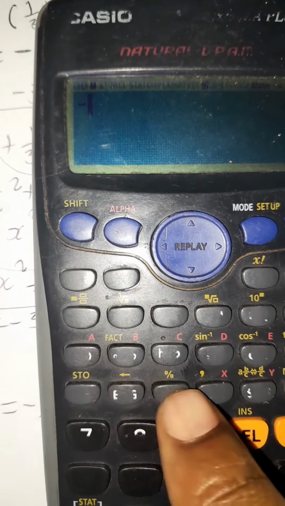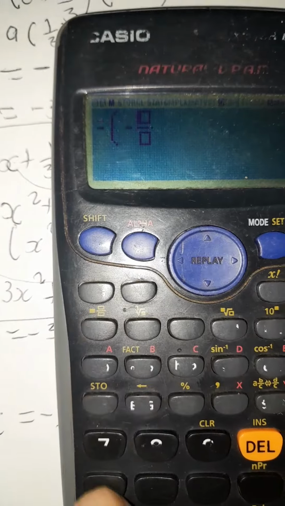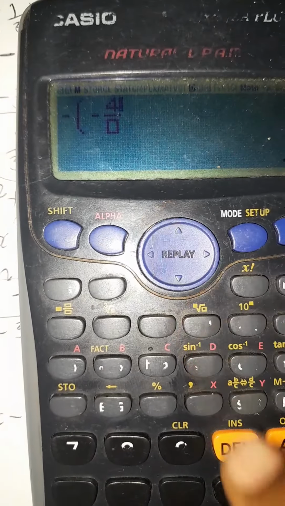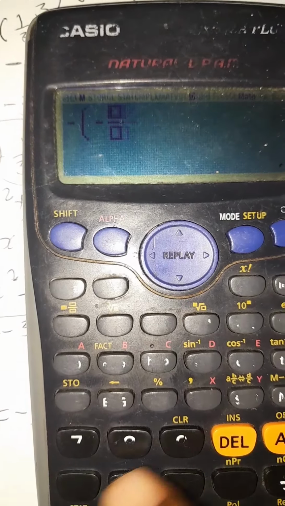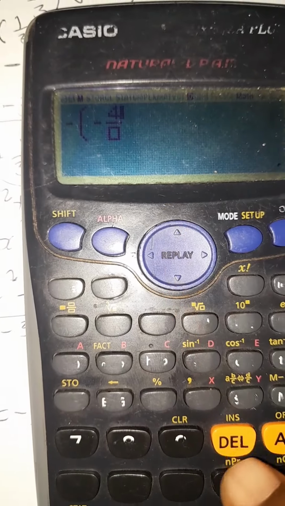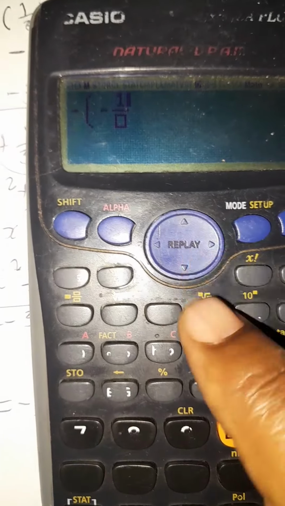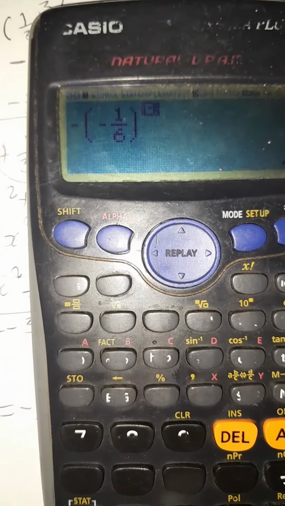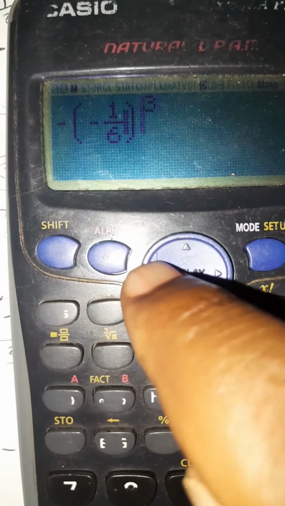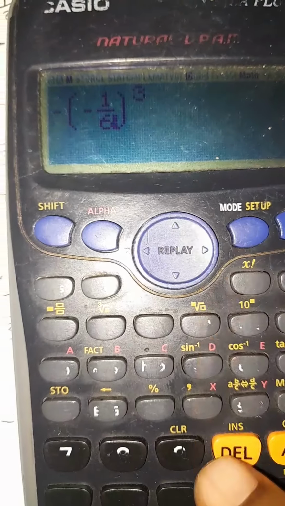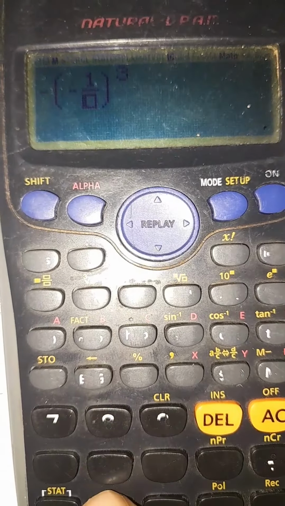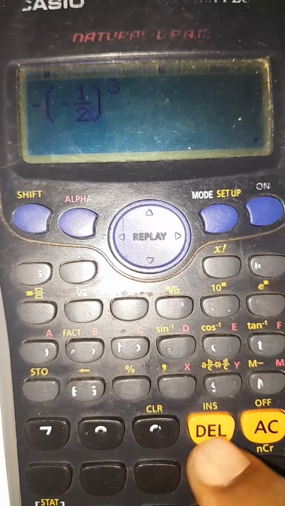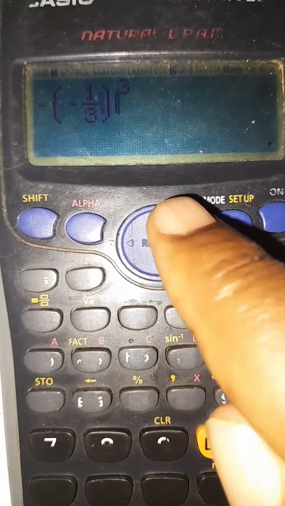So we say negative 1 over 3, cubed. Why did I write 6 instead of 3? So this should be 2, this should be 3, right?